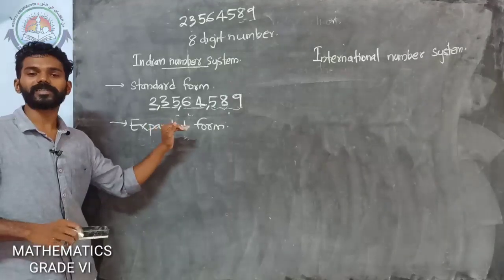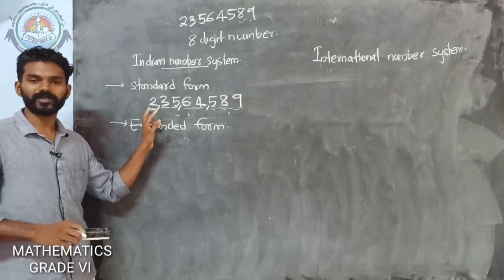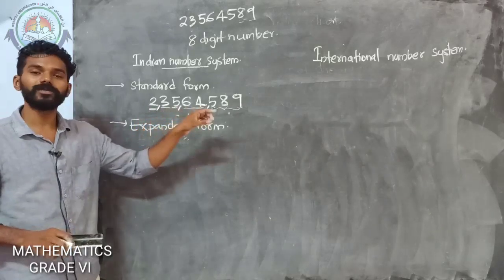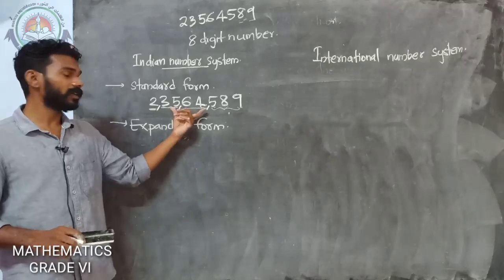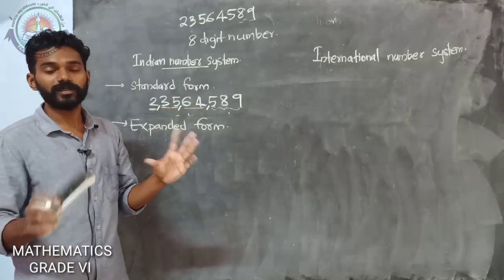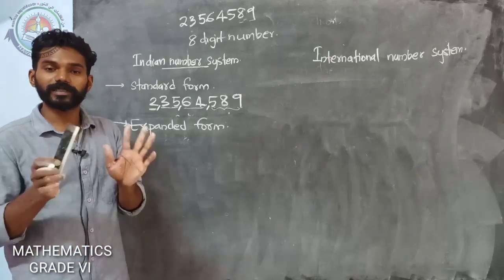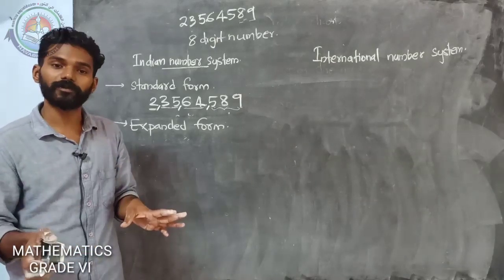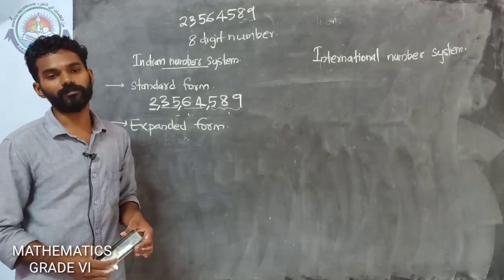While writing the expanded form of a number, we simply consider the place values of each number and write the number as a sum. This is the expanded form. Consider the place values of each number and write the number as a sum.